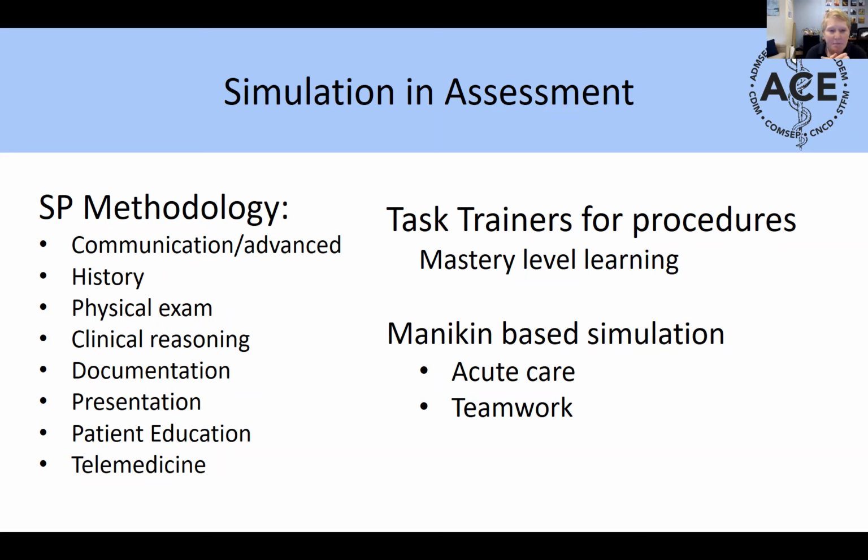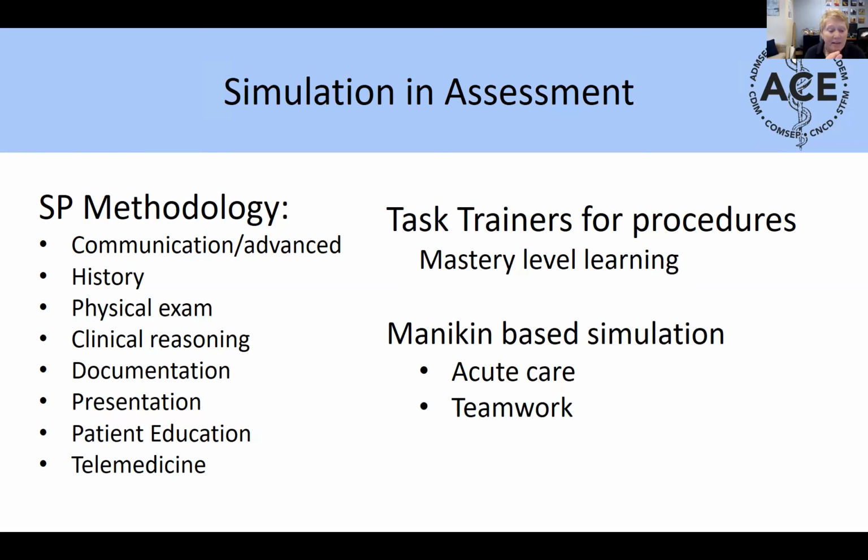Certainly SPs are a great way to assess things like communication, history taking, and physical exam. You can do clinical reasoning. You can have notes or documentation reviewed, and oral presentations. The SPs can be patients, and then you assess patient education.